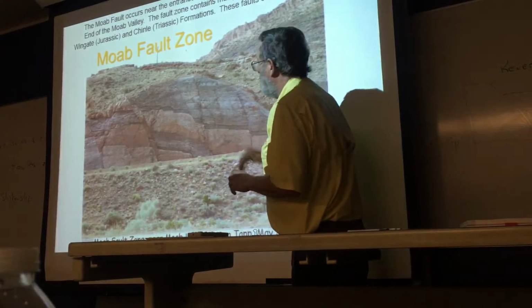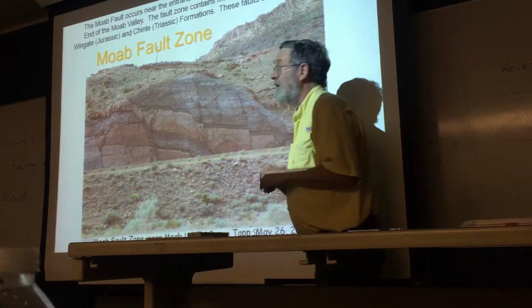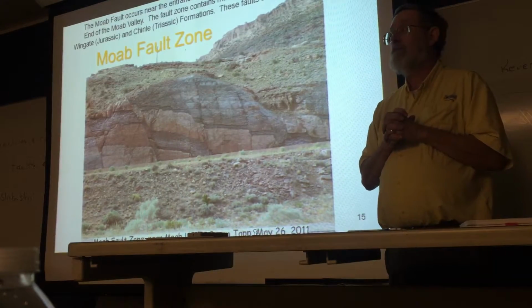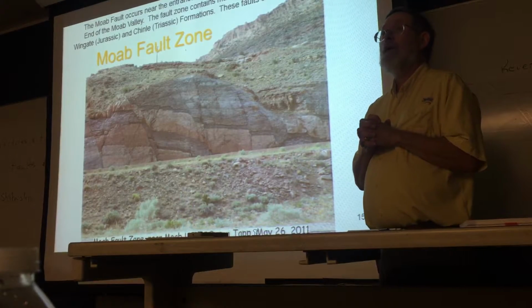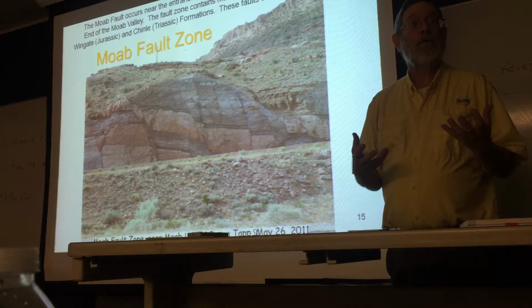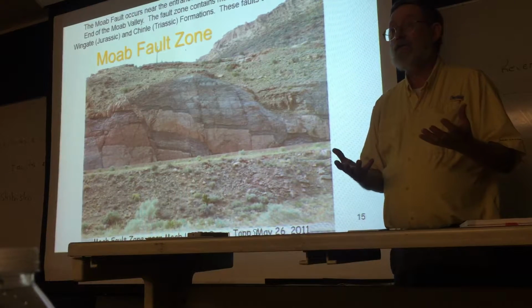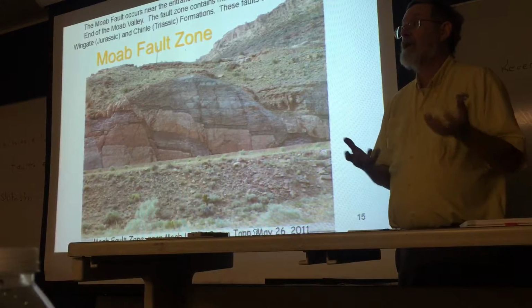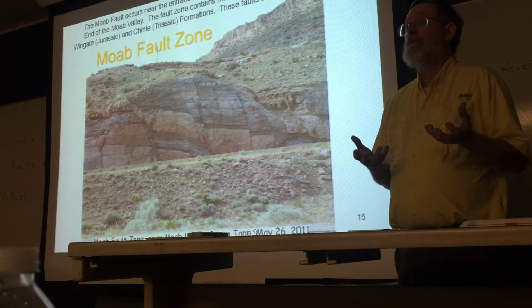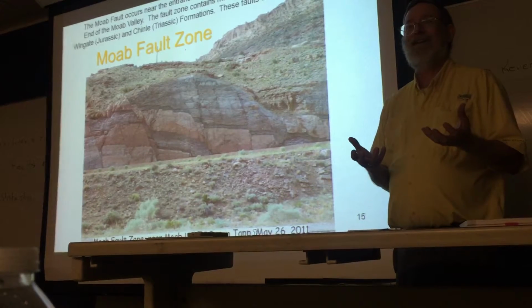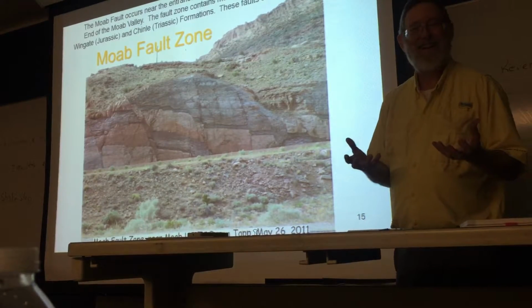Now, if you look at this, do you see any faulting? Yes. Okay, so are these normal faults? Are these reverse faults? Seems like there's two of them. Who wants to try to help me work this out? Tim.